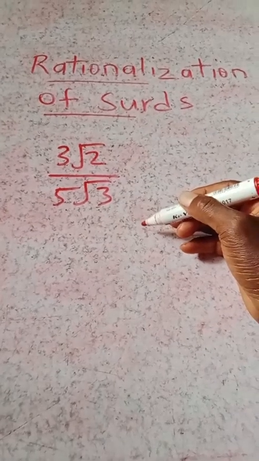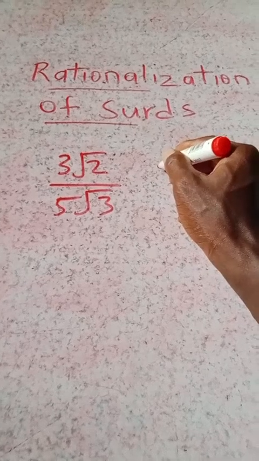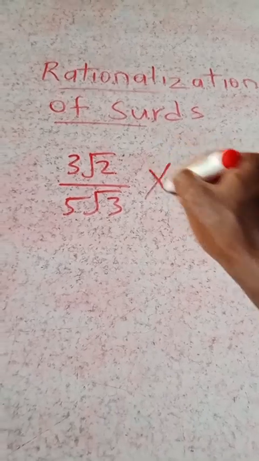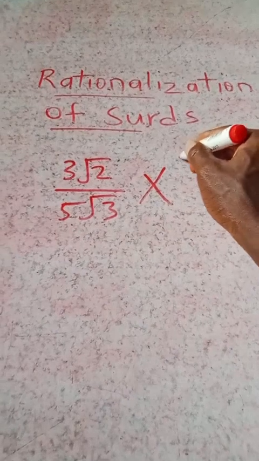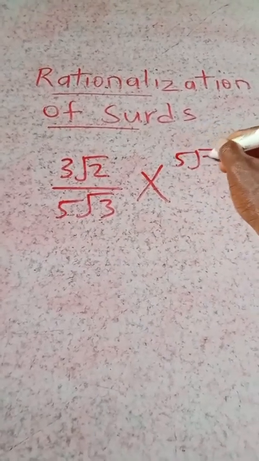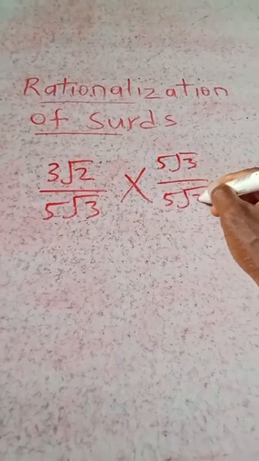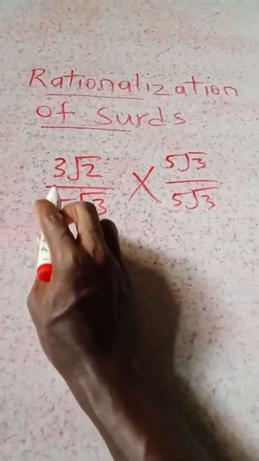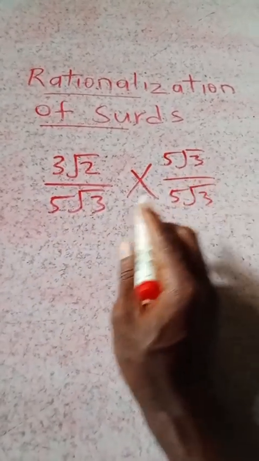That is rationalization. So rationalizing this, we say 3 root 2 over 5 root 3 times 5 root 3 over 5 root 3.